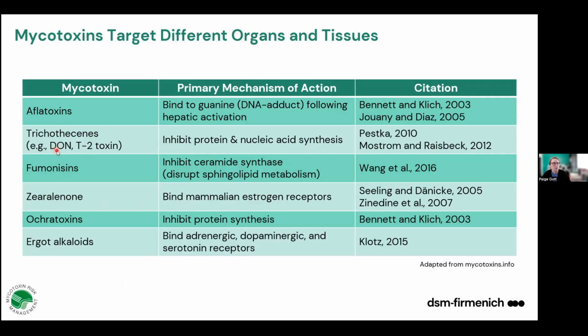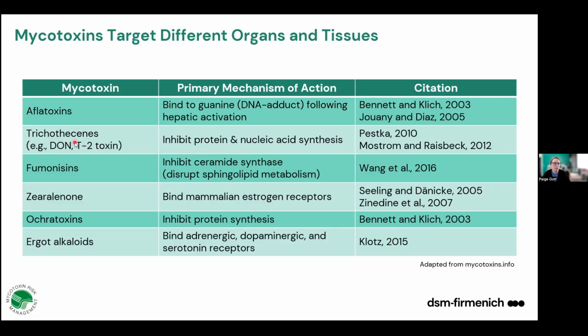Again, DON falls into this family. We often think of digestive disorders and issues with this family, but they inhibit protein and nucleic acid synthesis, so they can have vast consequences because if you think of the importance of protein in the body and all the functions, including protein-based hormones, it can also impact reproduction as well.